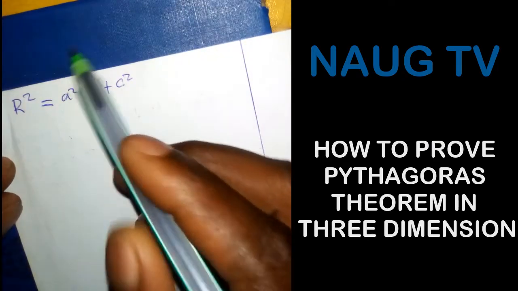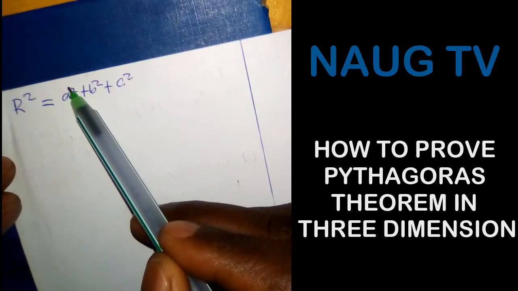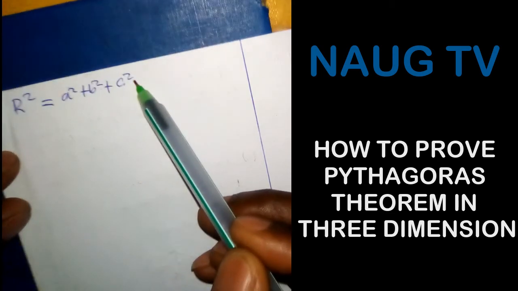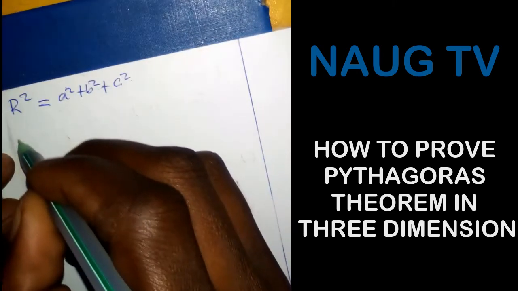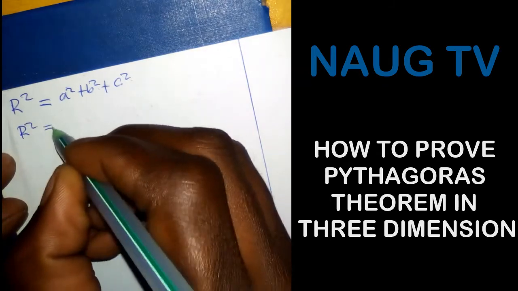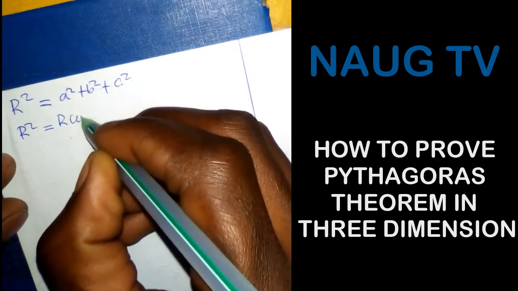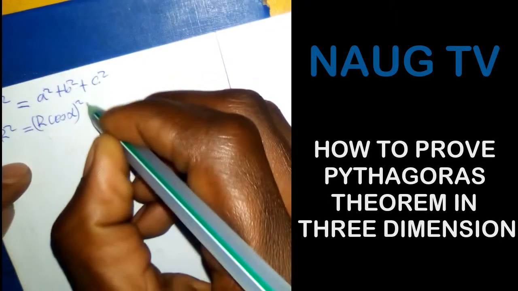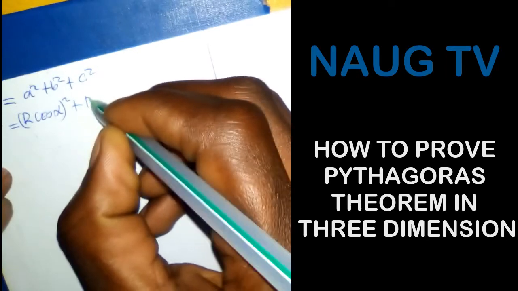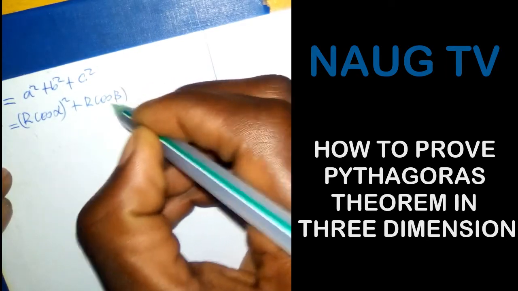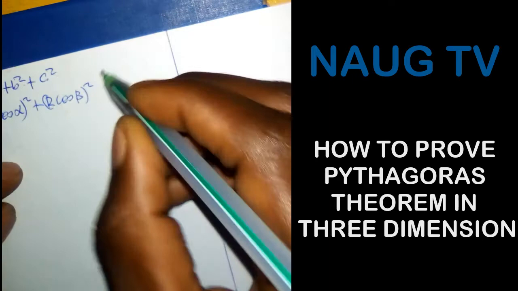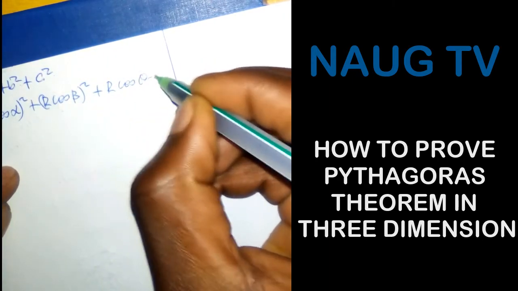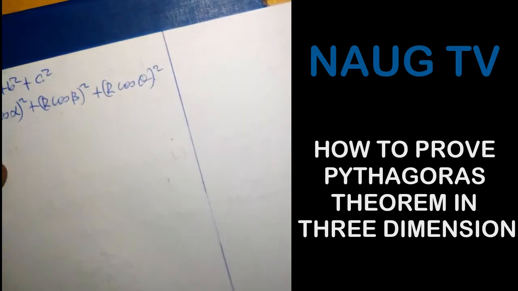So if you replace A with its value, B with its value, C with its value, you will get R squared equal to (R cosine alpha) squared plus (R cosine beta) squared plus (R cosine theta) squared.